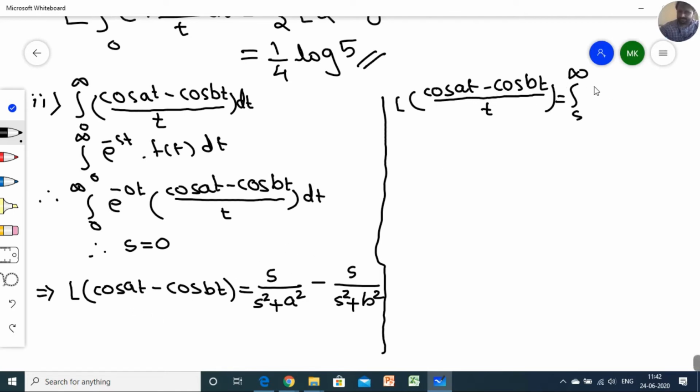So I am just putting directly here s upon s square plus a square into ds.